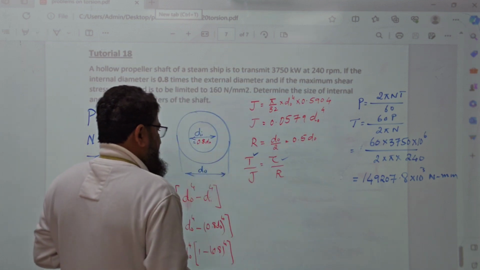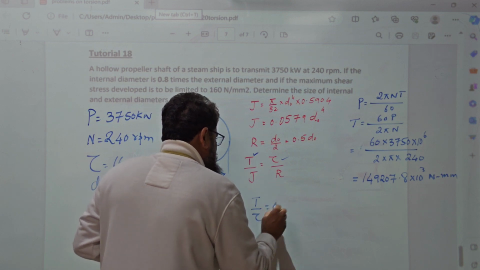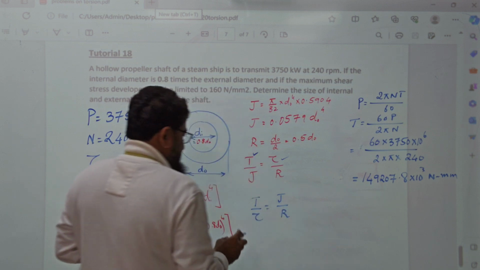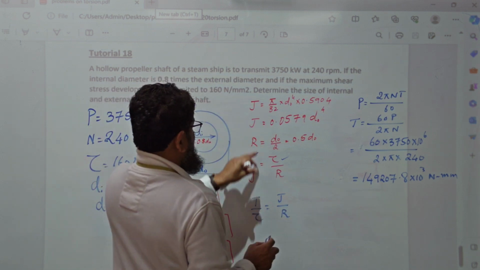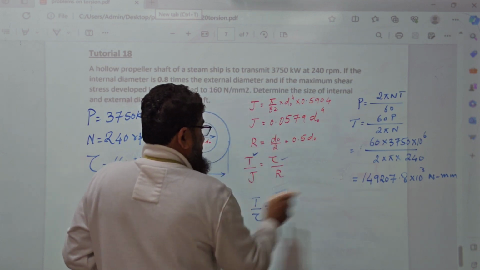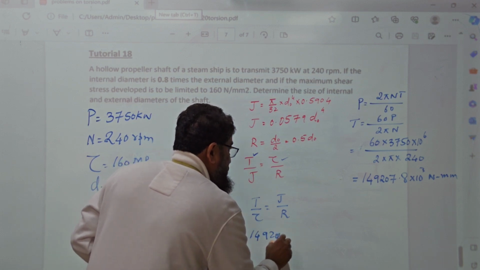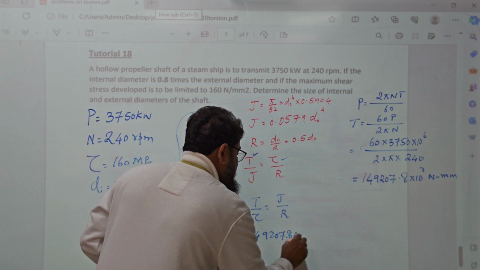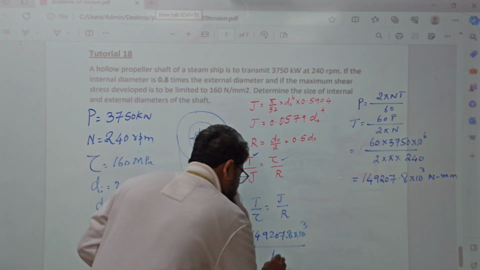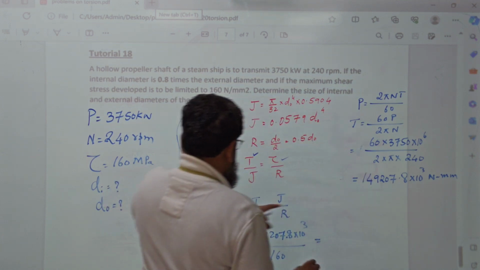Now just take and substitute the value of T. T by tau is equal to J divided by R. Put the value of T here: 149,207.8 into 10 cube divided by tau, which is 160, is equal to J. Where is the value of J?